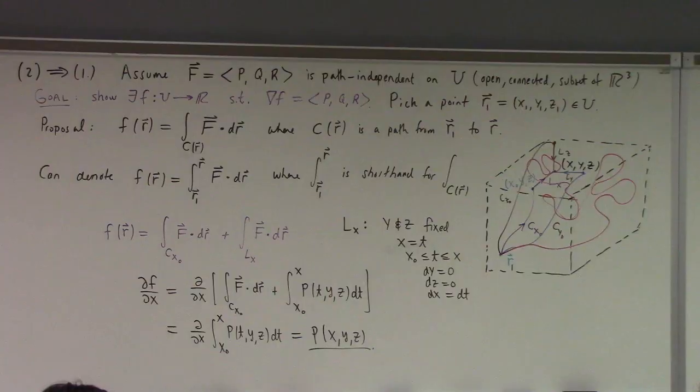Given F which is path independent, we can construct the potential: f of r is equal to the integral from r naught to r of big F dot dr. I'm going to use r naught if you guys don't mind. Then f of r naught is what?